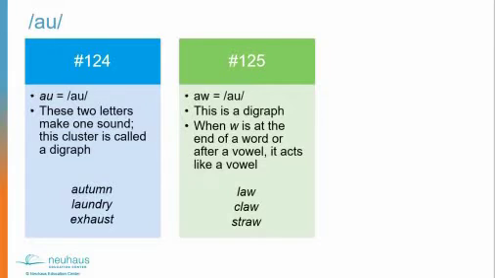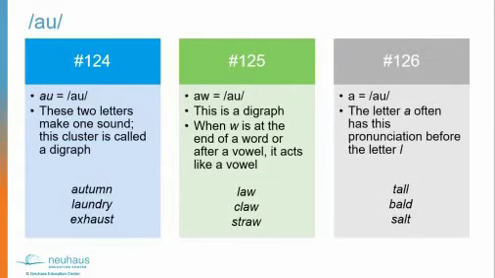So the letters AW are pronounced aw, as in law, claw, and straw. In Concept 126, students learn that the letter A is often pronounced aw before the letter L in words such as tall, bald, and salt.